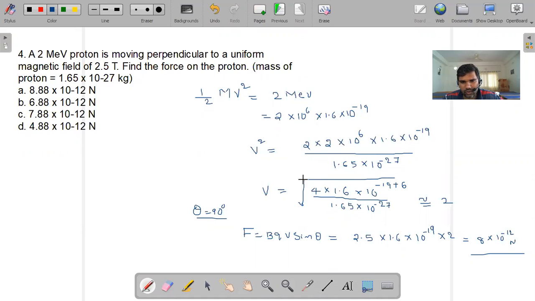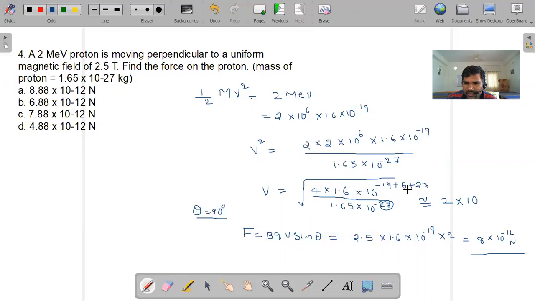So further v is equal to the square root of 4 into 1.6 into 10 power minus 19 plus 6, in the denominator 1.65 into 10 power minus 27. Now you can see here, if we simplify, the 1.6 and 1.65 approximately we can cancel, root 4 is 2, and here we will get 10 power minus 27. If you take it to the numerator, it will become plus 27.